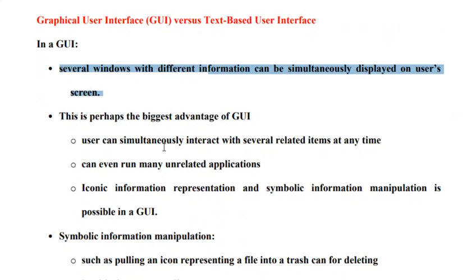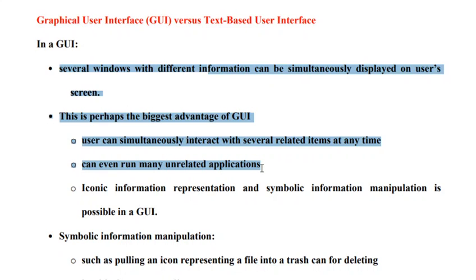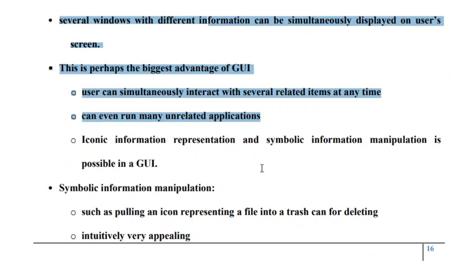This is perhaps one of the biggest advantages of a graphical user interface, where the user can simultaneously interact with several related items at any point in time, and can even run many unrelated applications. A graphical user interface allows for iconic information representation and symbolic information manipulation.